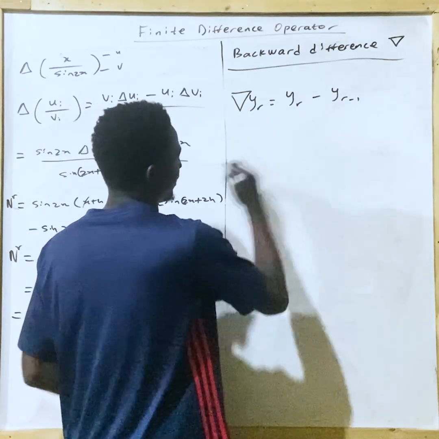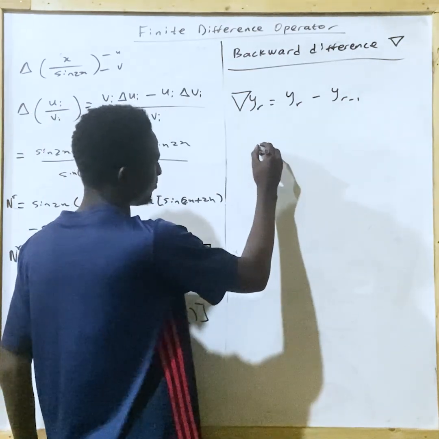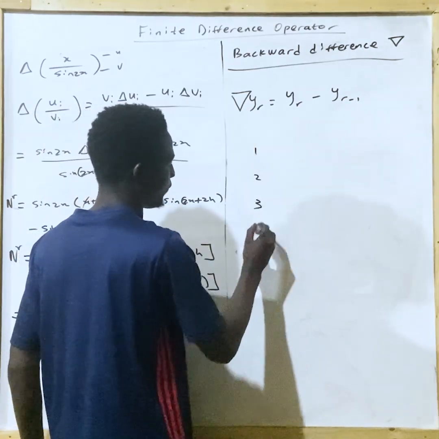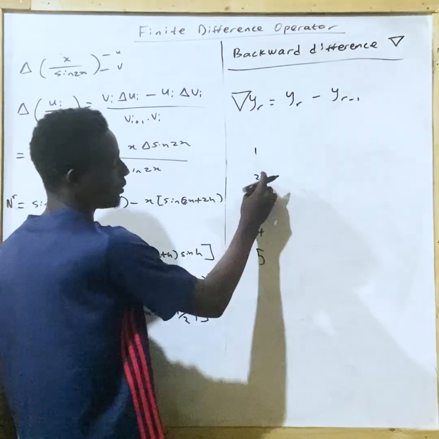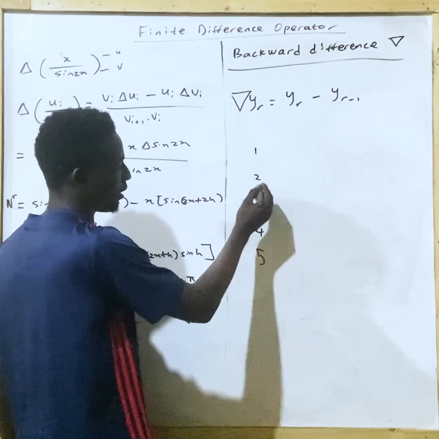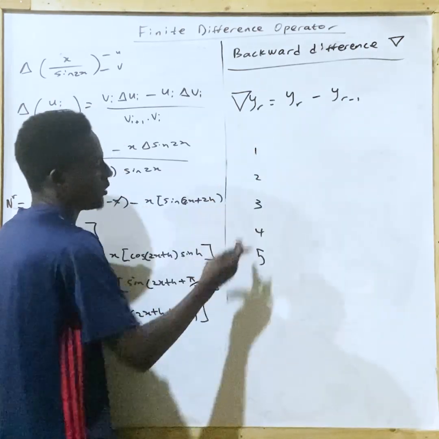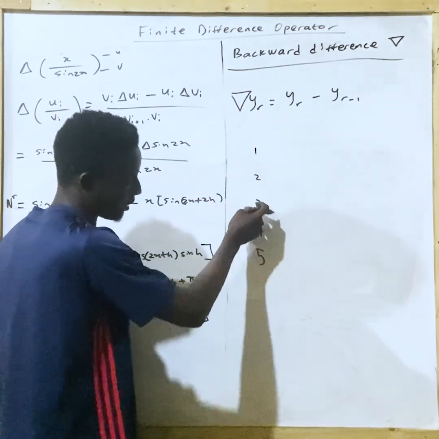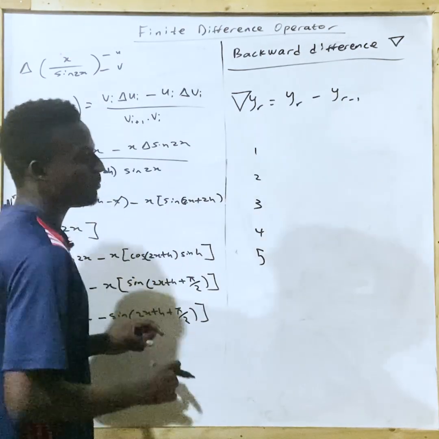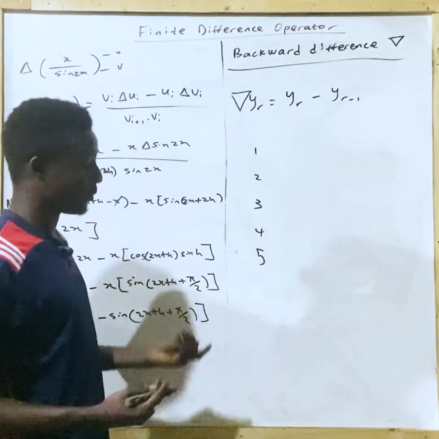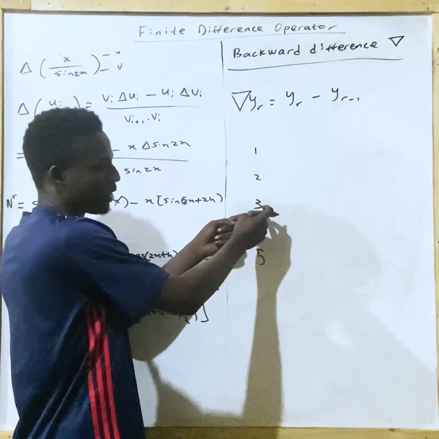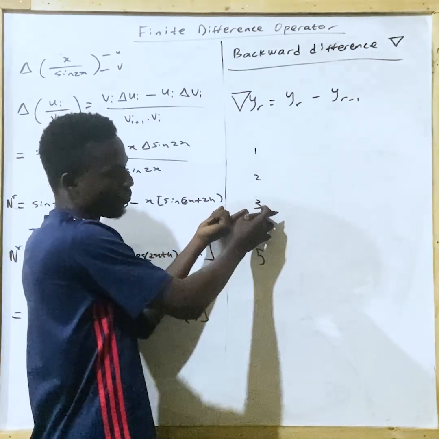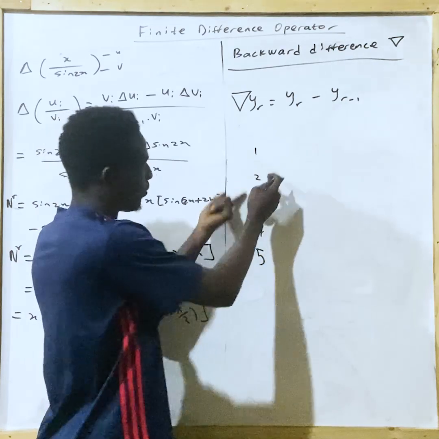What I'm saying is that if you have something like 1, 2, 3, 4, 5, for the forward difference operator of y_r, that is going to be 2 minus 1, 3 minus 2, 4 minus 3. It's very similar for the backward difference operator, but if you want to do the backward difference operator of 3, you're going to be subtracting from it what is at the back.